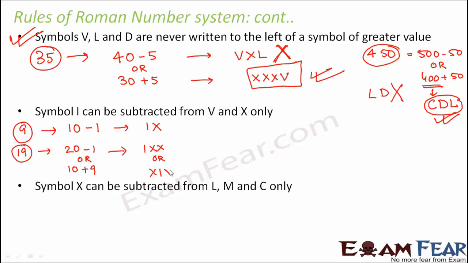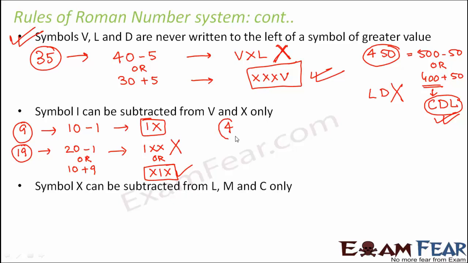This is 10, and on the right hand side you have 9. Now which one is correct? Now as per this rule, I can be subtracted from V and X only. So I can be subtracted from X, so this is true, but I cannot be subtracted from XX, because here it is 2 times X, so it cannot be subtracted from this. Therefore this is the right way of writing 19.